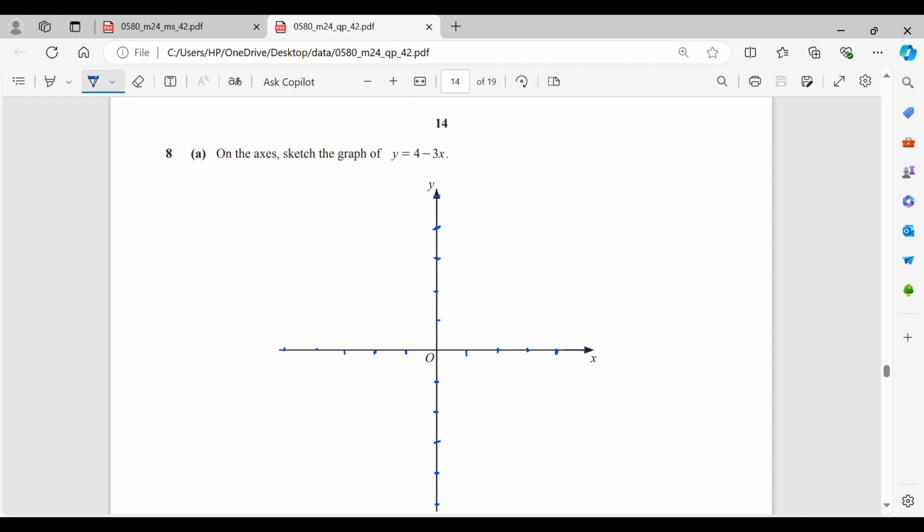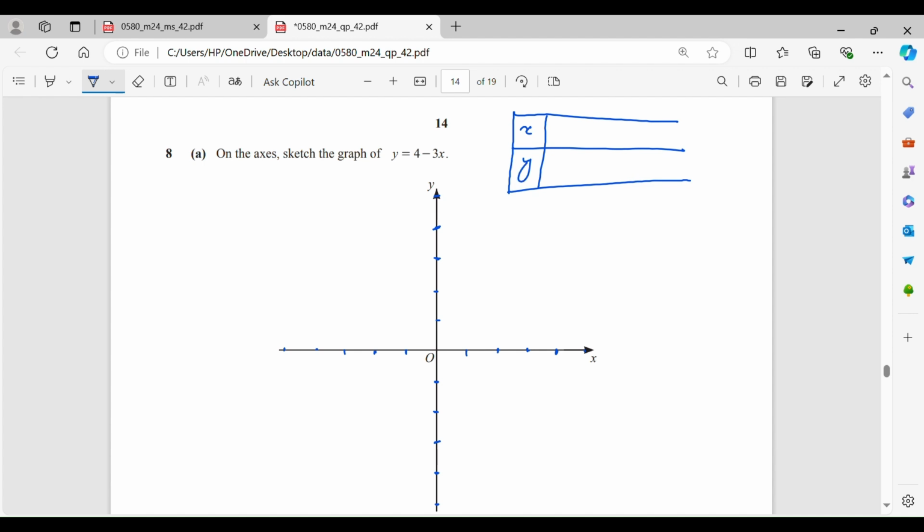Next, question number 8, A part. On an axis, sketch the graph of y equal to 4 minus 3x. For this, we need the coordinate points. So let's make the coordinate points for this. This will be x, this will be y.